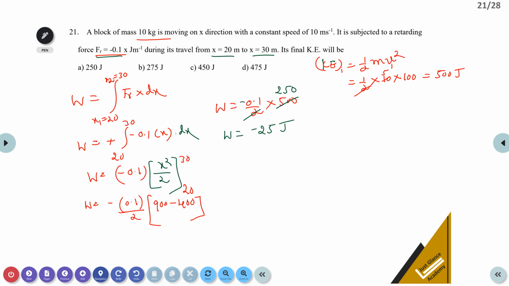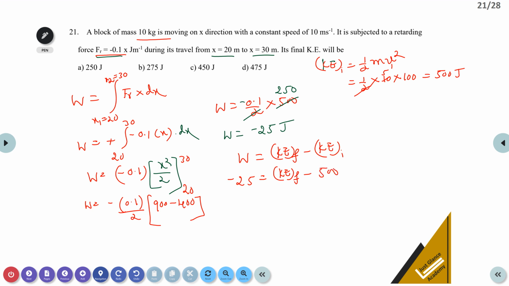But what is the work done? According to the work energy theorem, work done equals kinetic energy final minus kinetic energy initial. Substitute. Minus 25 equals kinetic energy final minus 500.